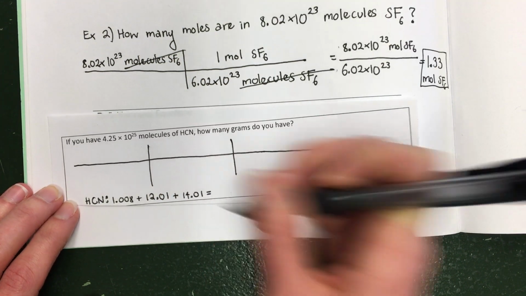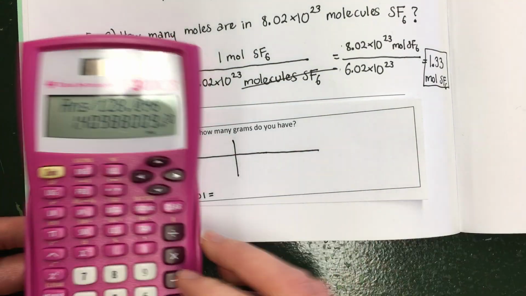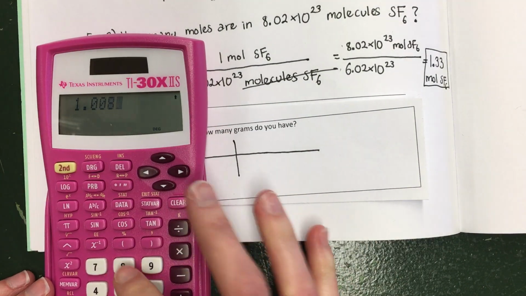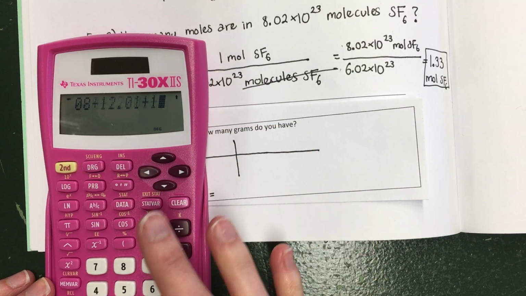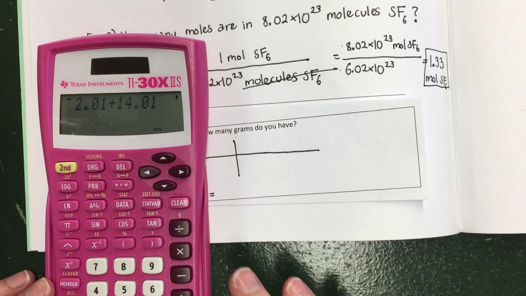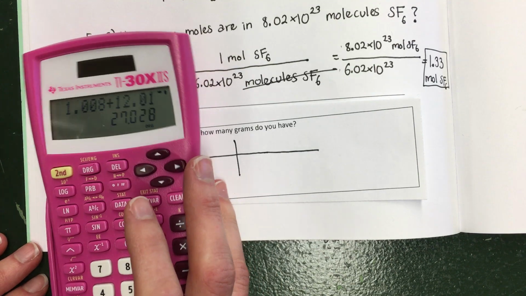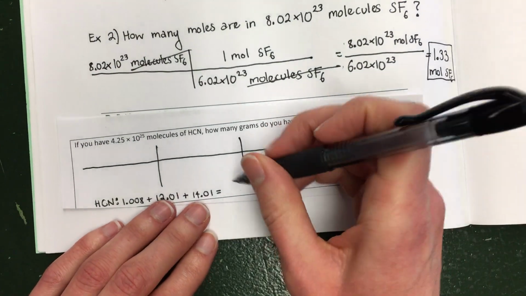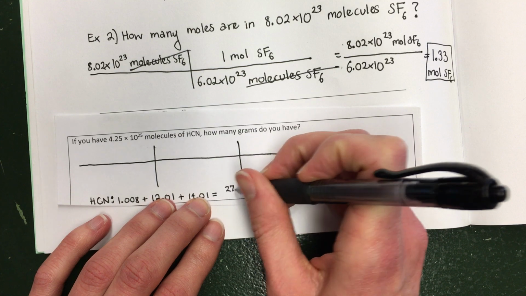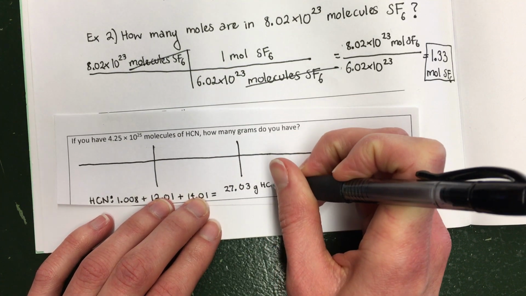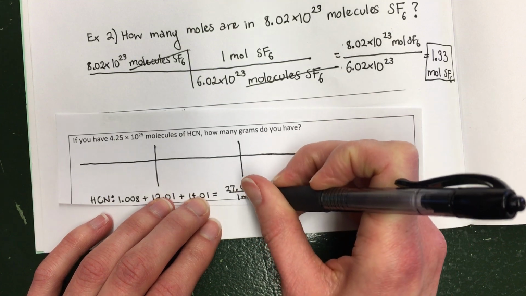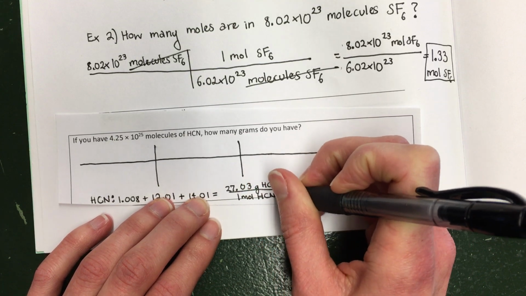You can look those up if you want, or just trust me on that. And we'll add those up. So that molar mass is going to be 27.028. I'll just round it to 27.03. Okay, so we've got our molar mass ready whenever we need it.